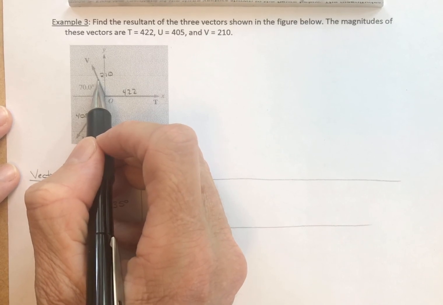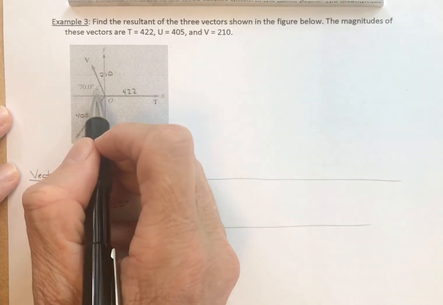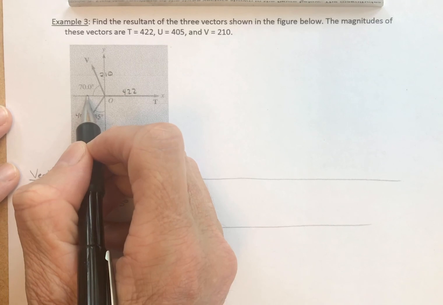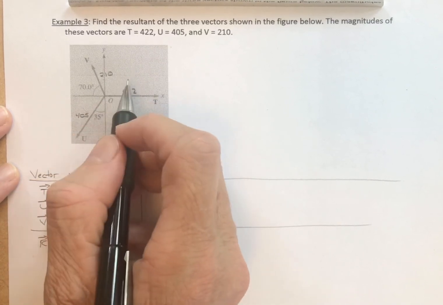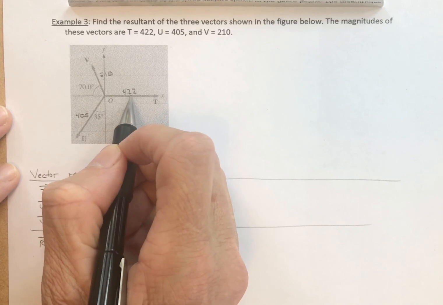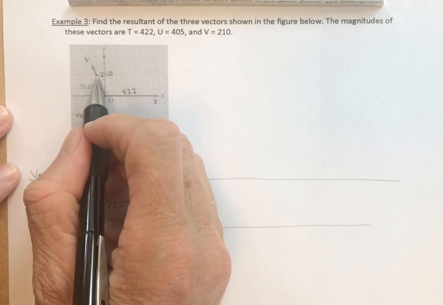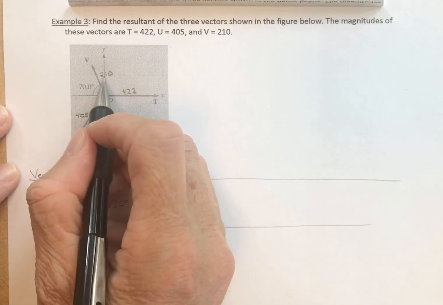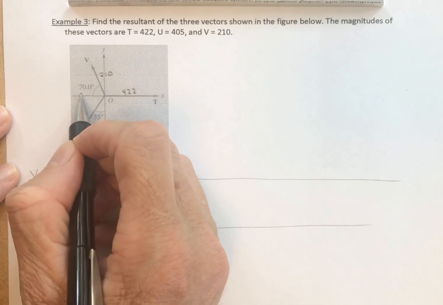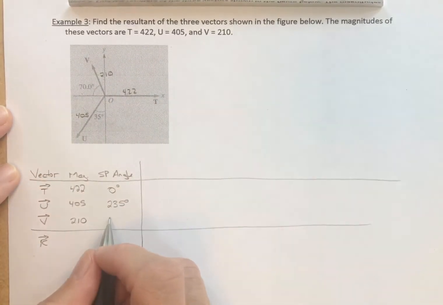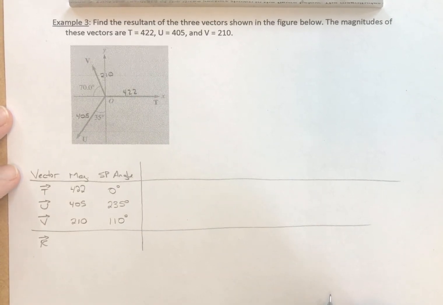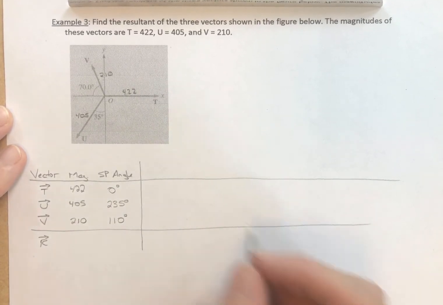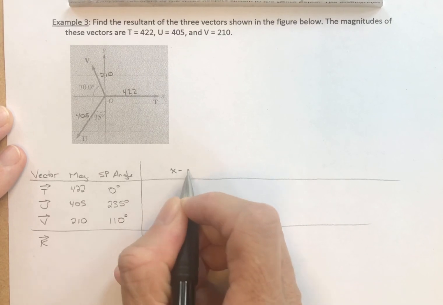V is in quadrant 2, and we're told that the angle from V to the negative x-axis is 70 degrees. Standard position requires going from the positive x-axis counterclockwise. So here's 90, here's 180, subtract 70, you get to 110 degrees. So there you are for the standard position angles. Okay, x components.